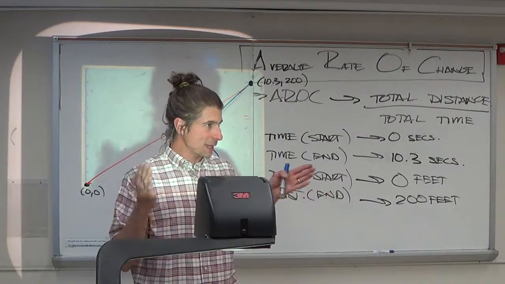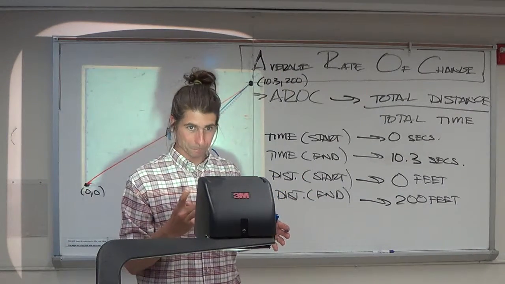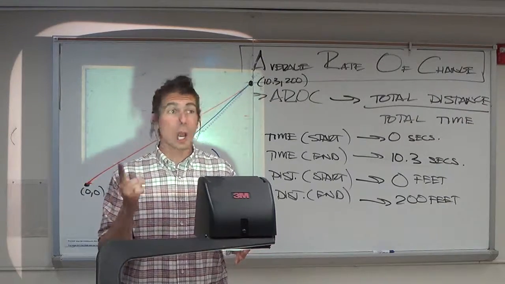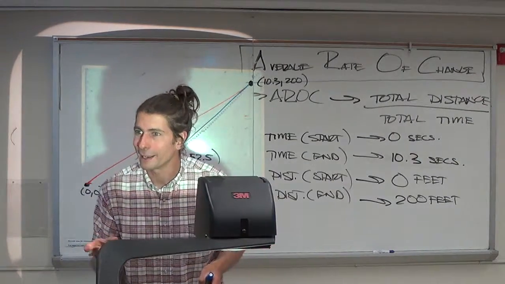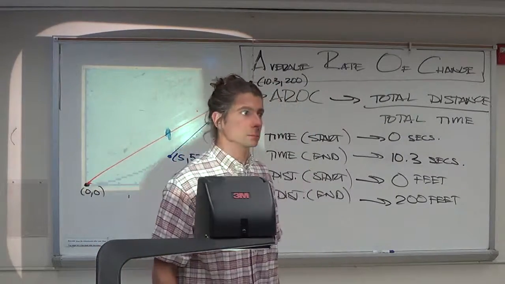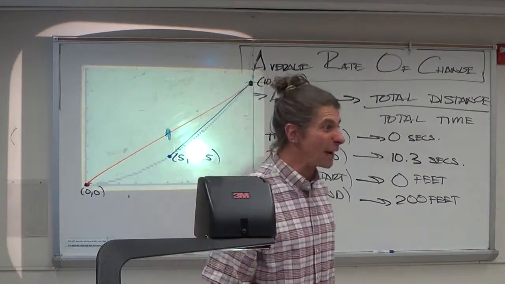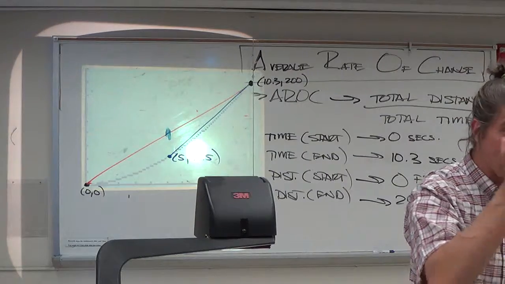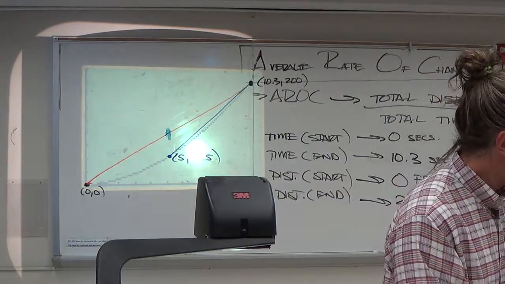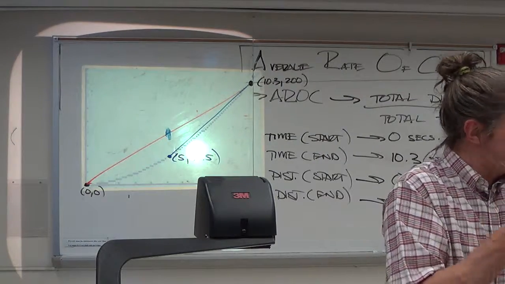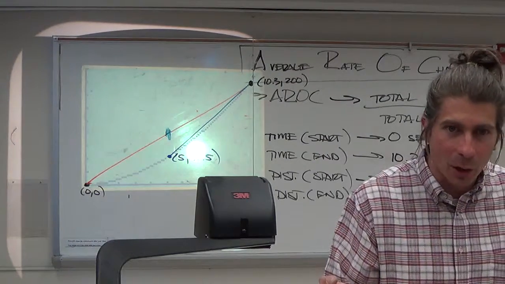What would happen if you try to calculate a slope with just 1 point? You get 0 over 0, which is undefined. y2 minus y1, 200 minus 200 is 0. You haven't gone anywhere. Seconds? x2 minus x1, 10.3 minus 10.3, you wouldn't go anywhere, right?